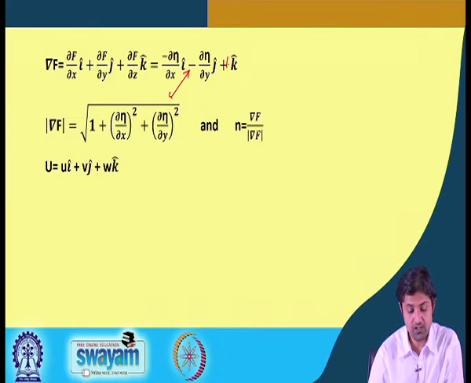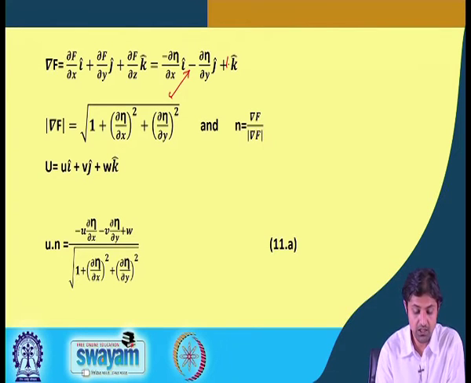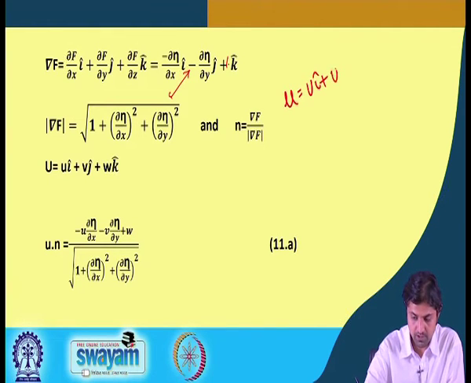If we assume this velocity is 3-dimensional, ui, vj and wk, then u dot n is going to be minus u del eta del x minus v del eta del y plus w. So, u is ui plus vj plus wk, and n cap is minus del eta del x i cap minus del eta del y j cap plus k cap.